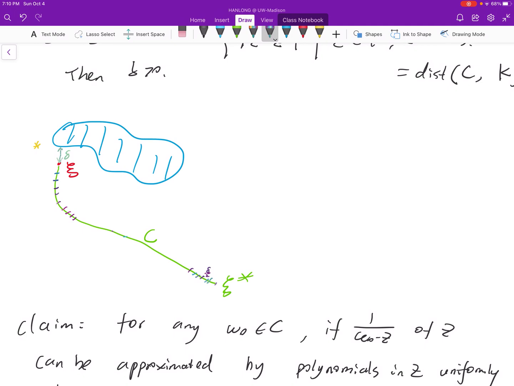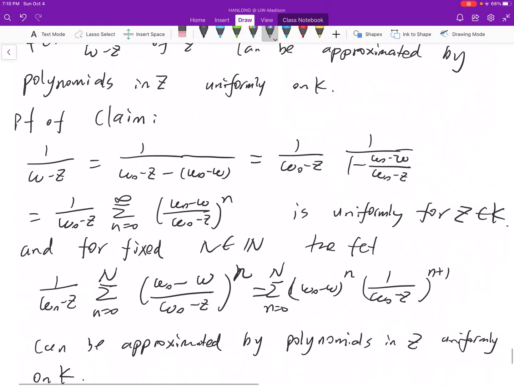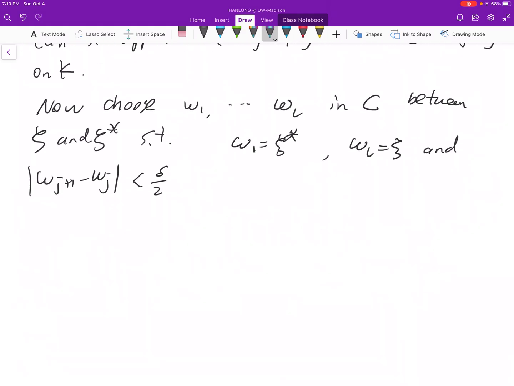Then starting from C star, you can approximate the points one by one all the way down to C. So that's the idea.